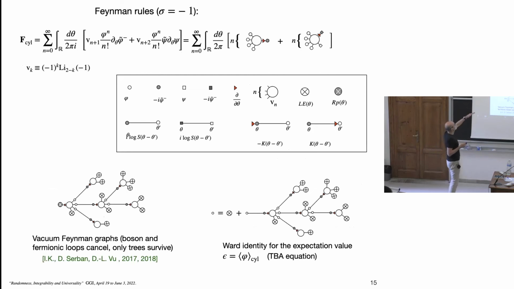If you expand the potential at 0, which is not the best thing you should do, but you can do it, you have these vertices and propagators, and you can compose from them diagrams which don't have cycles, because the cycles cancel, and they have the form of trees. So this is the diagram expansion for the free energy, and this is the TBA equation.